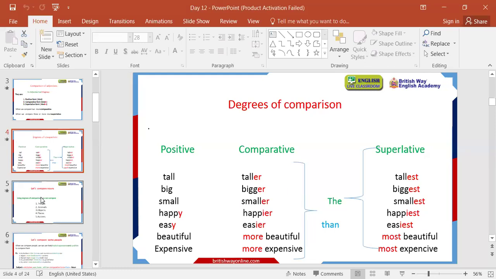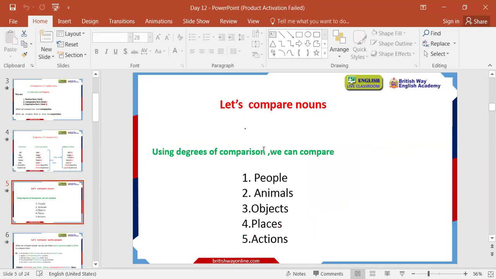Right, then we'll see how, using degrees of comparison, we can compare people, and we can compare animals, objects, places and actions.